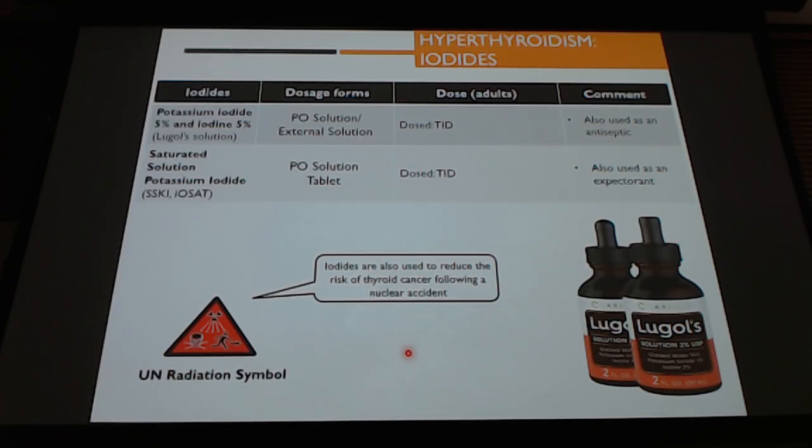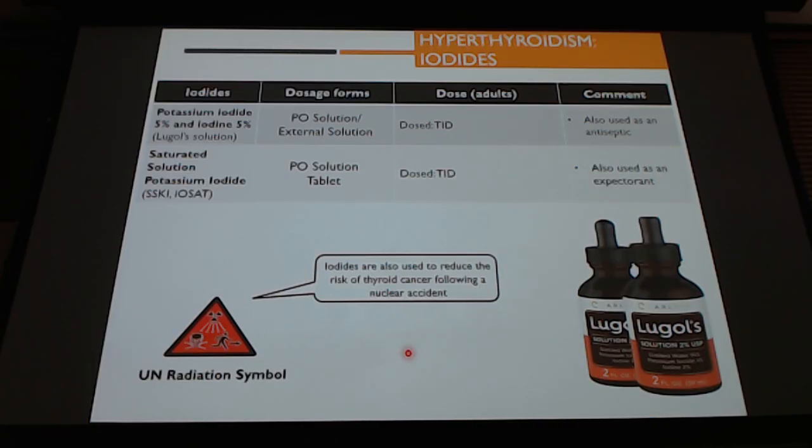Here you see something that's kind of neat and unique to us. So if there is a nuclear accident, what we could do is try to give one of our iodides to prevent the uptake of the radioactive isotope. We can prevent the uptake of that. So this should help you remember why we have to stop it at least 3 weeks before we're giving our radioactive iodine, or our I-131, right?